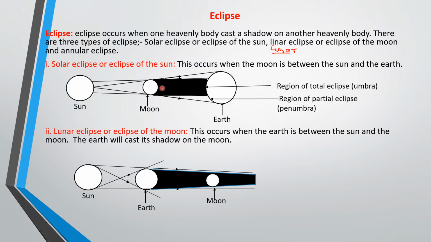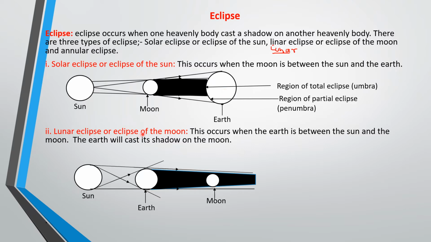They will just be seeing the shadow of the moon very faintly, but they will not be in total darkness. People in this region will be in total darkness, because this one is giving you umbra. So eclipse of the sun occurs when the moon comes between the sun and the earth. When the moon casts its shadow on the earth, you have eclipse of the sun.